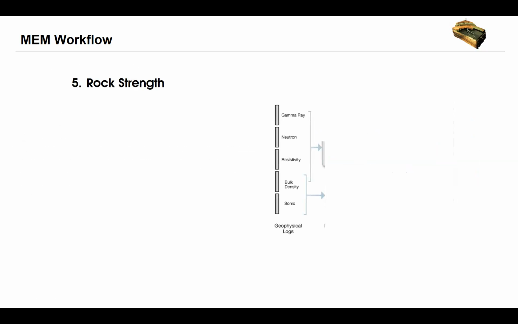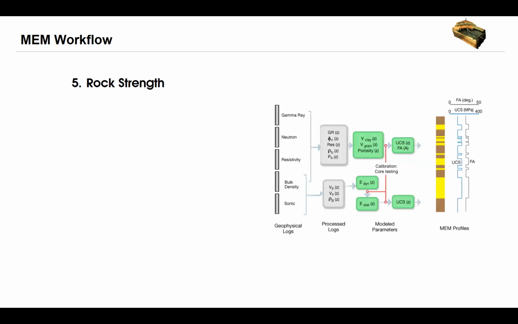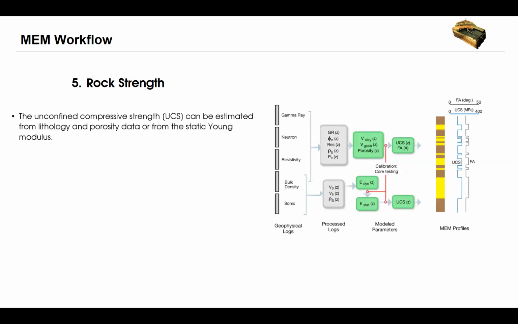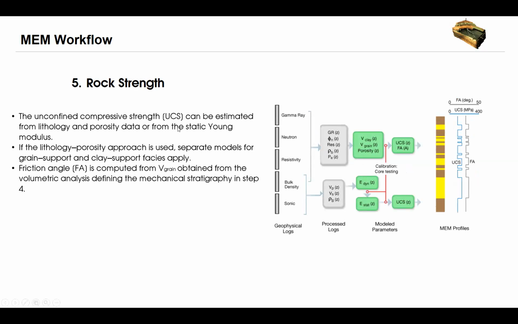So the rock strength, now it is the fifth step. The profile of rock strength parameters is derived from data used to construct the mechanical stratigraphy and also from elastic property profiles. The unconfined compressive strength, UCS, can be estimated from lithology and porosity data or from static Young modulus. Static one, not the dynamic one, means the converted one.